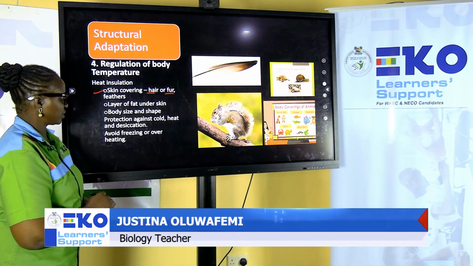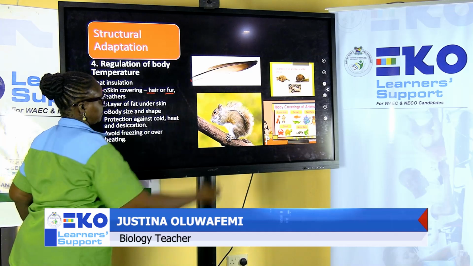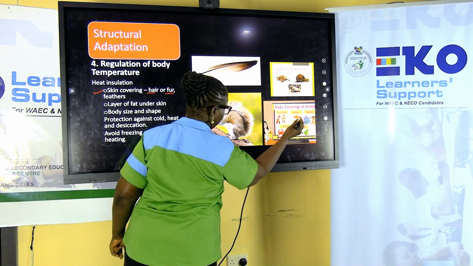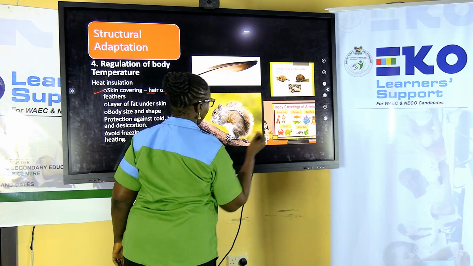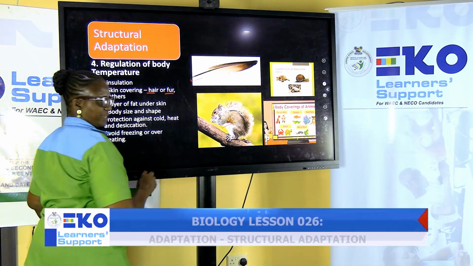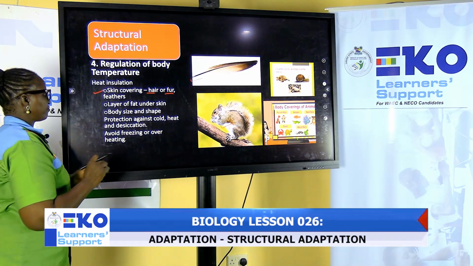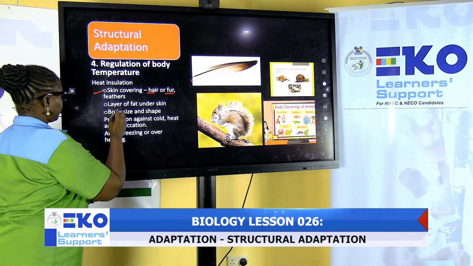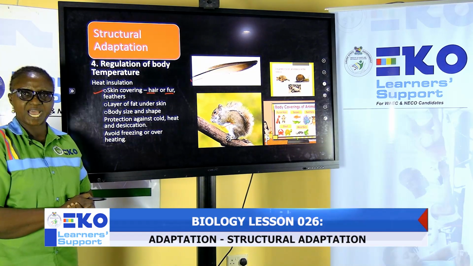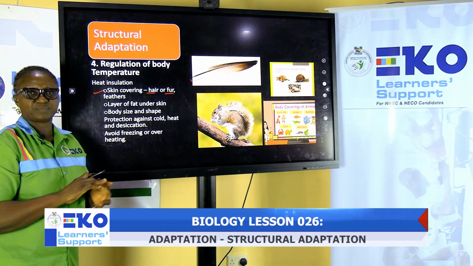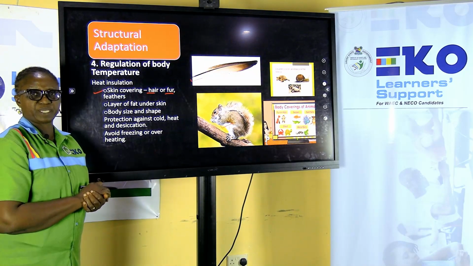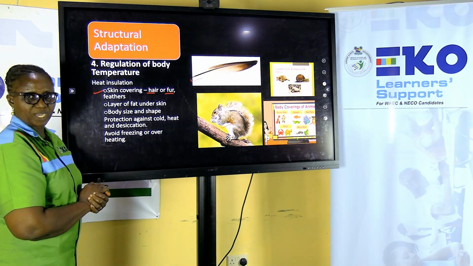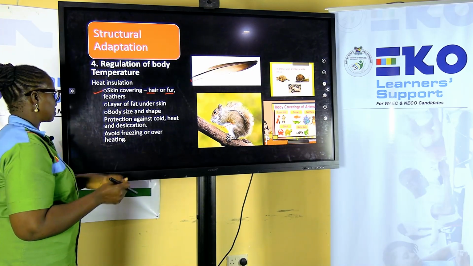Feathers are commonly found in birds. Here is a feather. This one that we have here uses fur. Then we have some organisms, higher ones now. They have a layer of fat under their skin, like mammals, human beings, Homo sapiens. We have layers of fat under our skin that keep us warm, insulated.